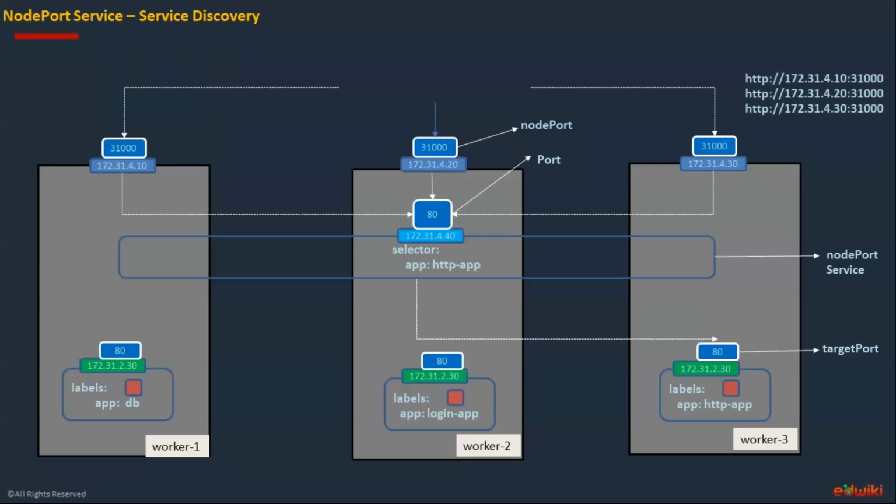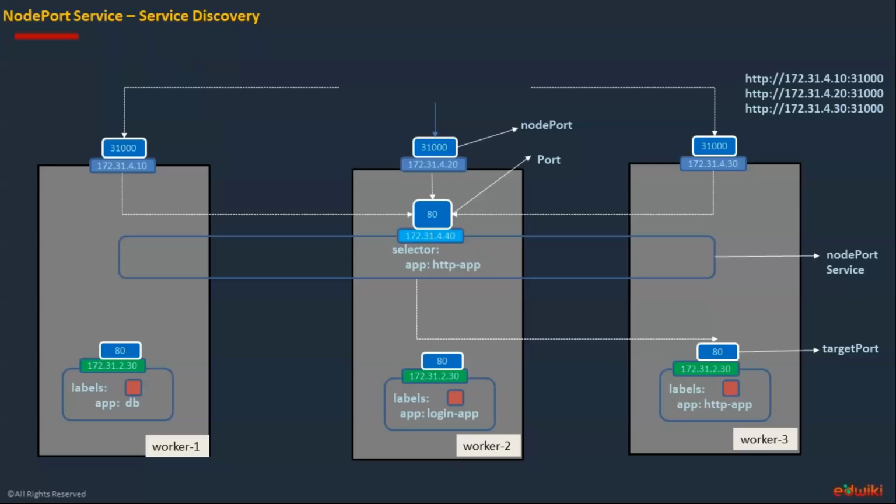You see now, I'm just using this in order to send my traffic to the worker nodes. You give http:// the worker node IP, colon, the worker node-level node port, and then you send the traffic. You send traffic to 1 or 2 or 3, and still you are able to get your website. Getting me? Let's say your application is actually running in worker node 3, but still you should be able to access your application from worker node 1 also.